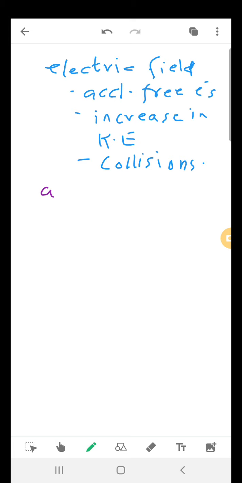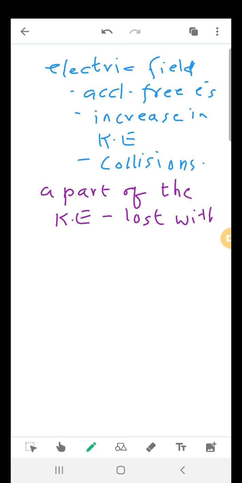A part of the kinetic energy will be lost to the lattice atoms.